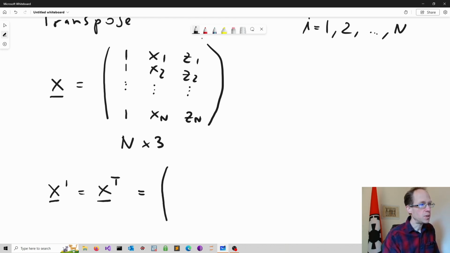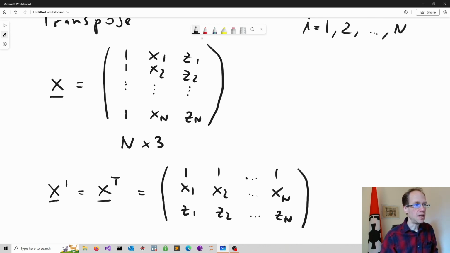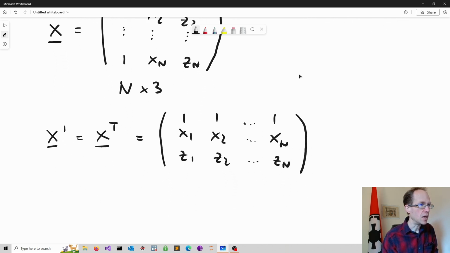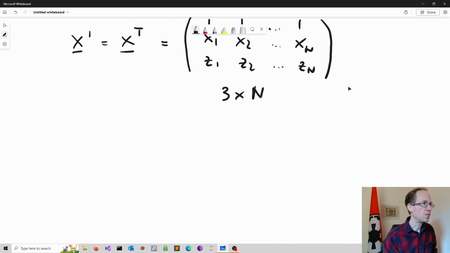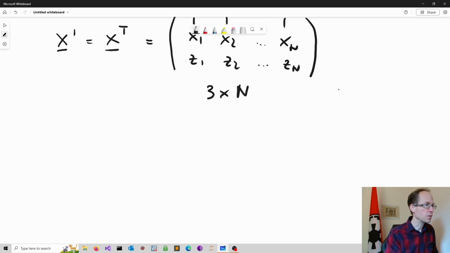So that means we have 1 x1 z1, followed by 1 x2 z2, and then 1 xn zn. And as you can see, we end up with 3 rows and n columns. So we switch dimensions.